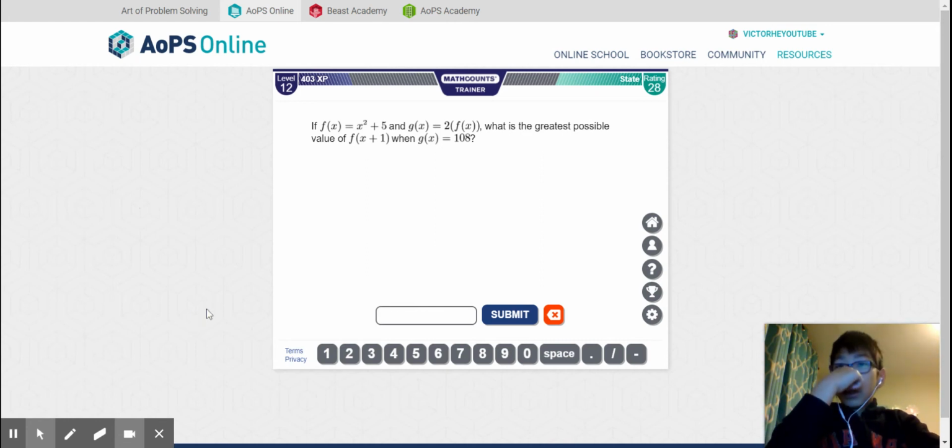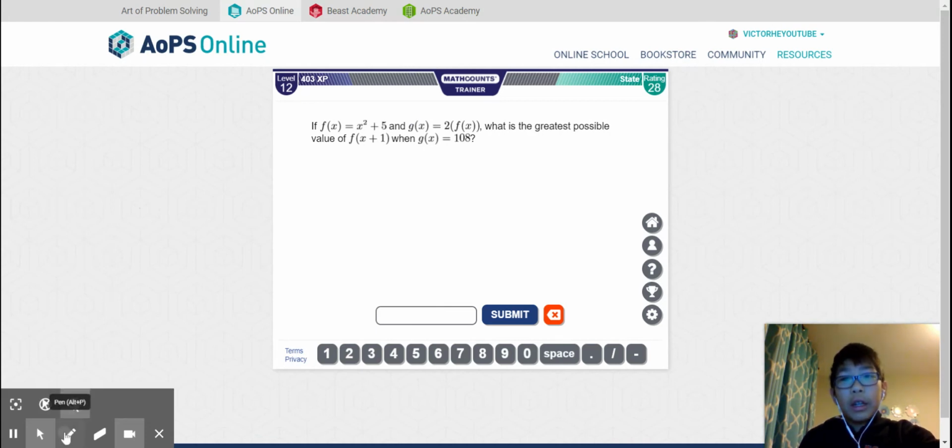This is interesting because if we work backwards, then we know that gx equals 2fx. So in this case, fx would equal 108 divided by 2, which is 56. And fx is x squared plus 5. So x squared is 51. Let me write that out quickly.